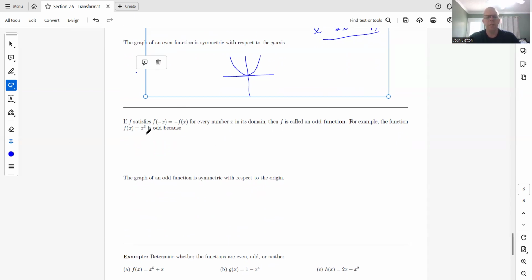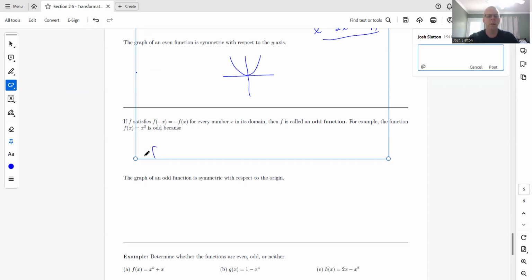For example, f of x equals x cubed is odd because, and we're going to do the same thing, if I can figure out what I did here. What did I do? Well, we'll go down here. f of negative x equals, and we plug the negative x into f of x equals x cubed.